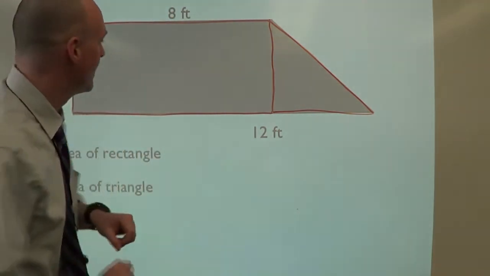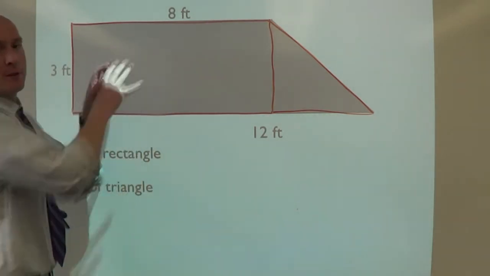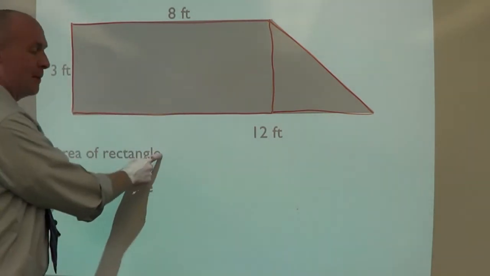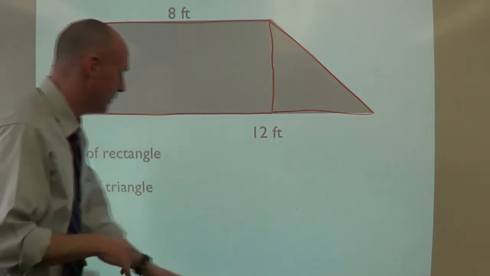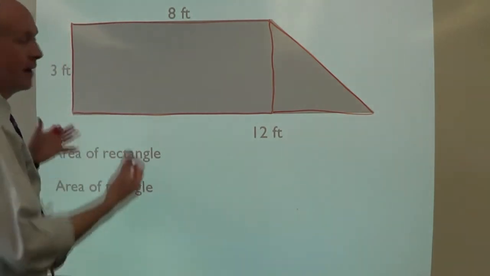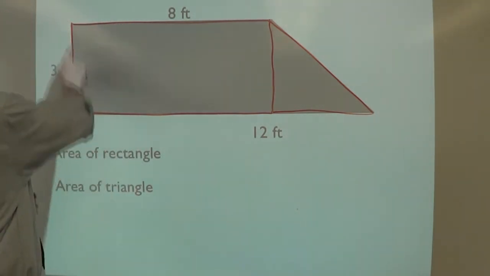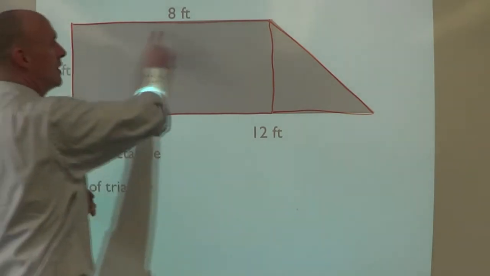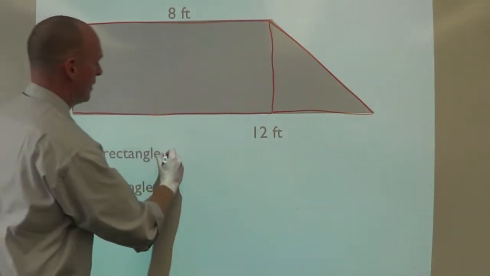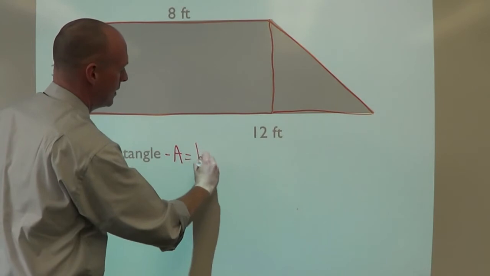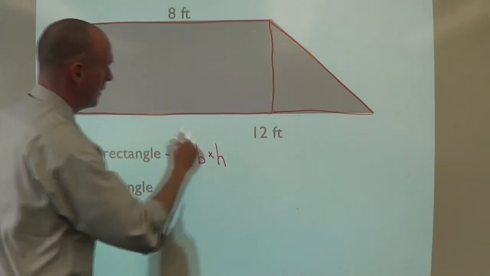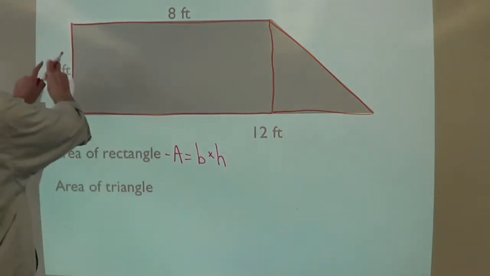So let's get started. First shape I have is my rectangle. So what we have to do is find the area of the rectangle. Area equals base times height. Okay, let's just fill it in.